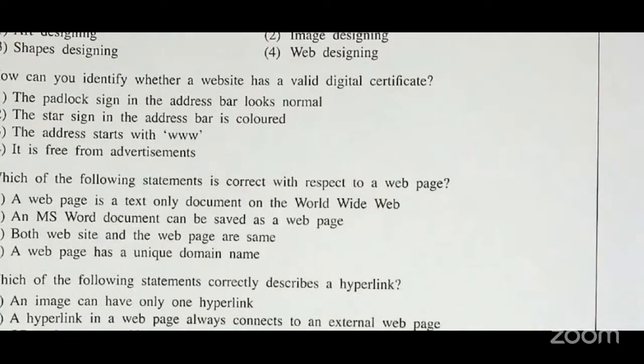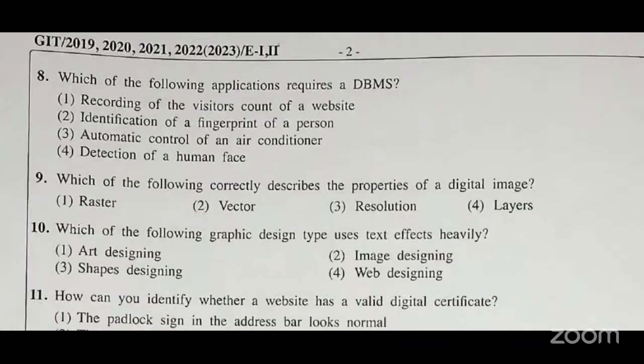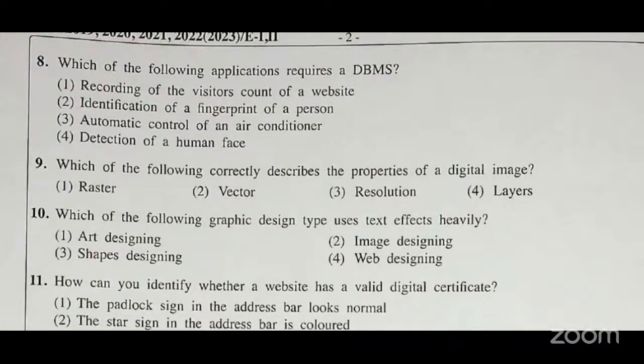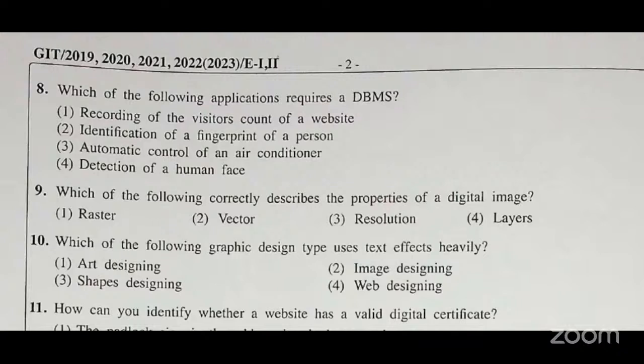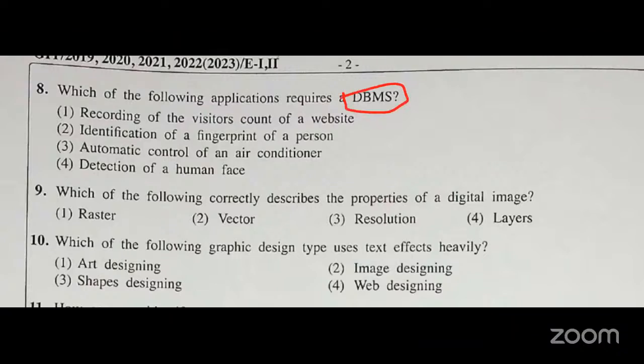All right, kids. Let's go to the next one. Which of the following applications requires a DBMS? DBMS means database management system. Out of the following, what requires a DBMS? Detecting a human face, obviously you need not have one.